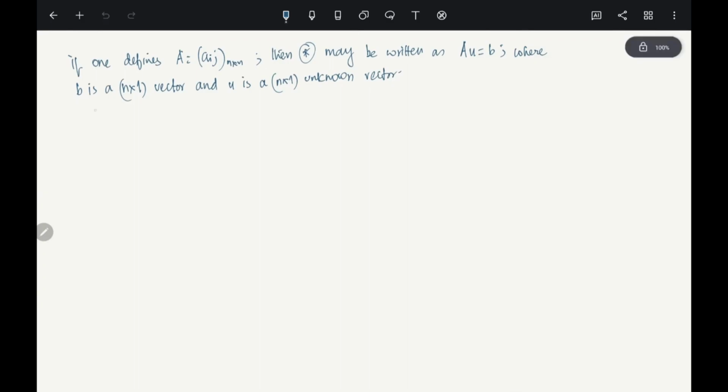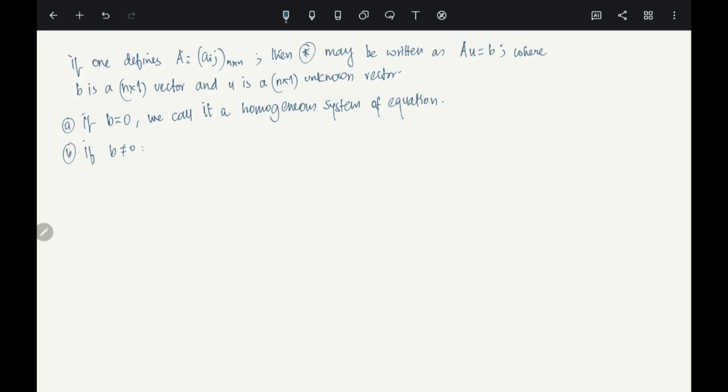If b equals 0, we call the system a homogeneous system of equations. If b is not equal to 0, then it is called an inhomogeneous system.